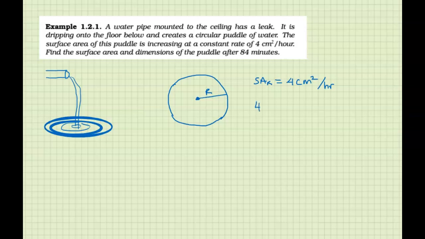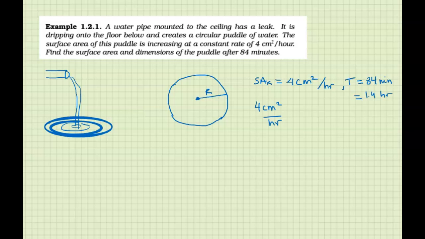All right, so we have 4 centimeters squared per hour, and we're given a time. Time is 84 minutes. We want to change this into hours, so divide by 60. So this is 1.4 hours, right? Because we want to match the units used in the rate.